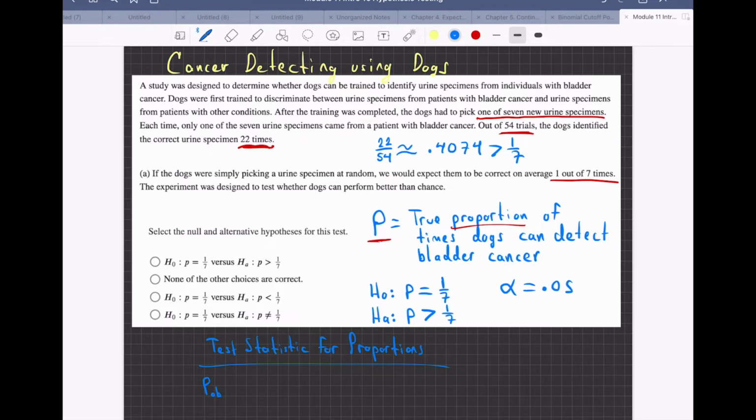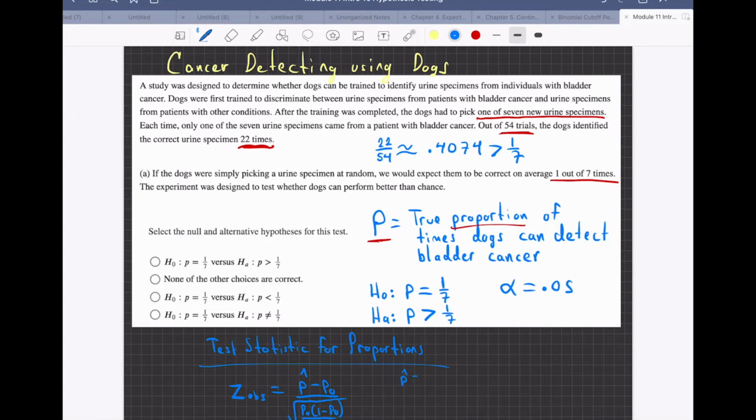In this case, the test statistic is denoted by Z subscript obs, from observed, and it's equal to P hat minus P null, divided by the square root of P null times 1 minus P null divided by n. What is each of these components?